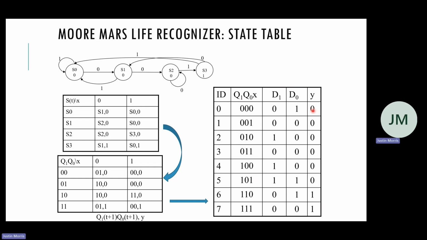And for the Moore machine, you can create a separate truth table for the output without the inputs, because it only depends on the state, right? Yeah, the output only depends on the state.